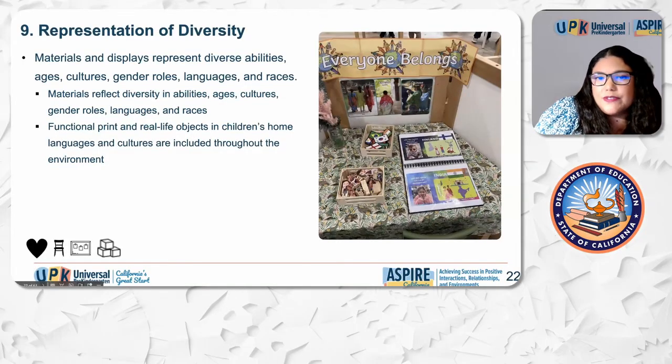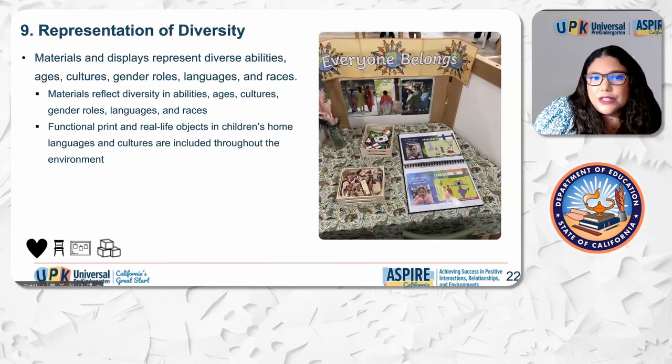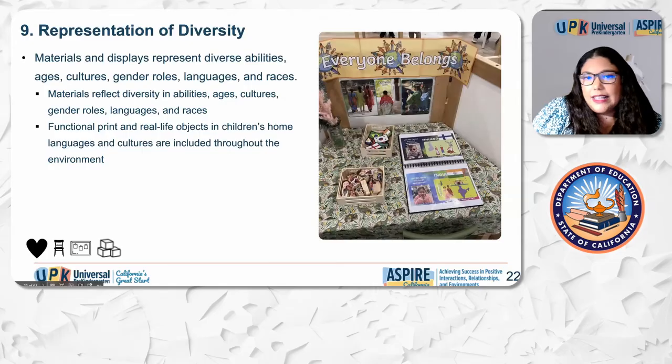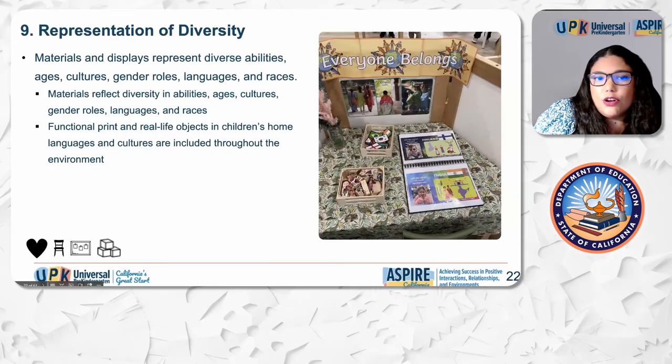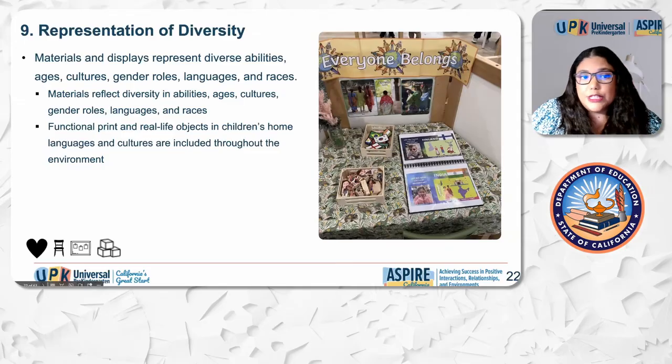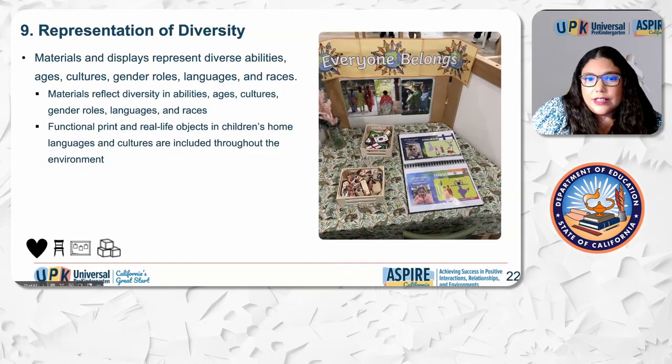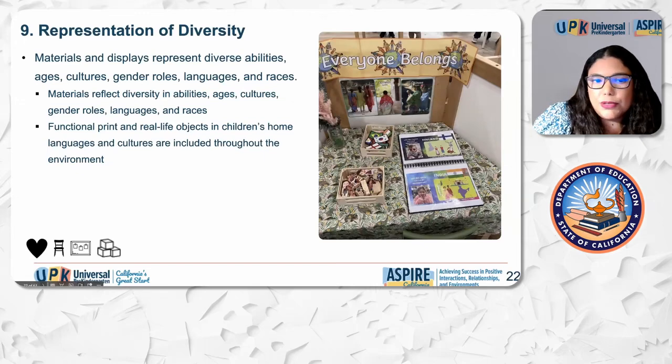So representation of diversity emphasizes the importance of creating that environment where all children can see themselves reflected in meaningful ways. This includes materials and displays that highlight the diverse languages, cultures, ages, abilities, gender roles, and lived experiences. Representation goes beyond having a few multicultural books on a shelf.